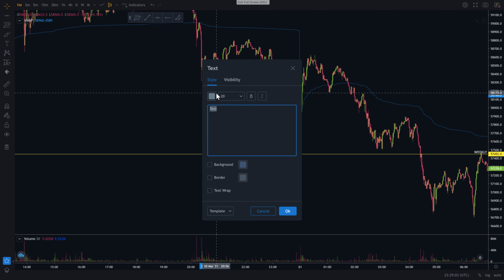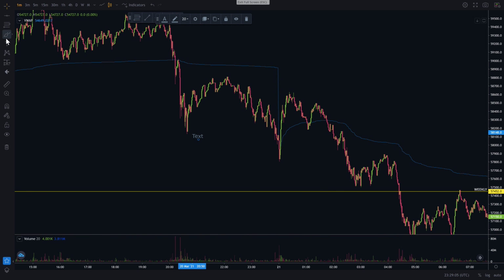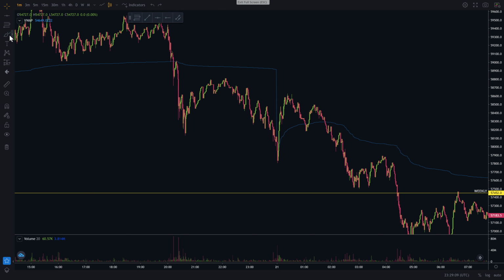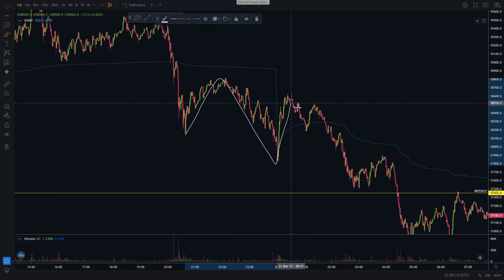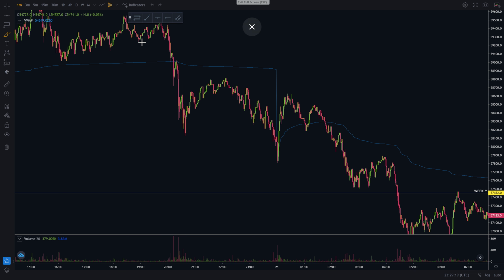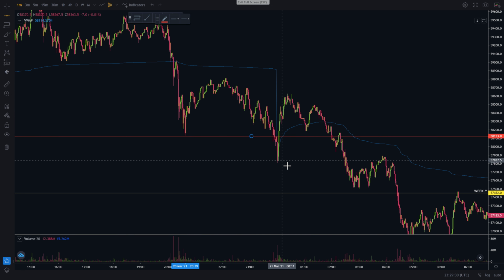And let's see, now we have a higher high, higher low, and again we are trending down. So we are still in the downtrend, and you will be marking again those lows here.